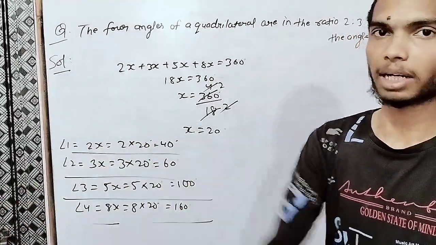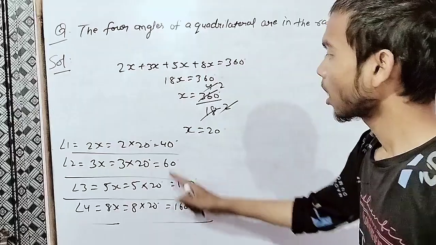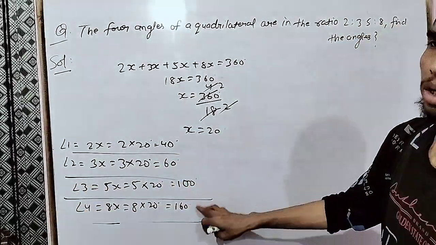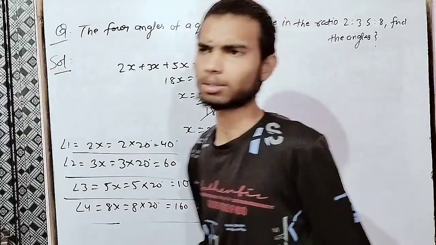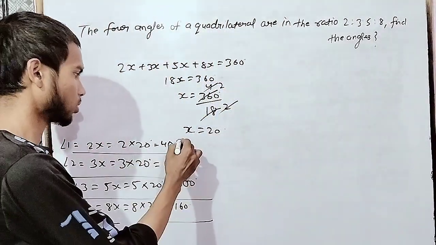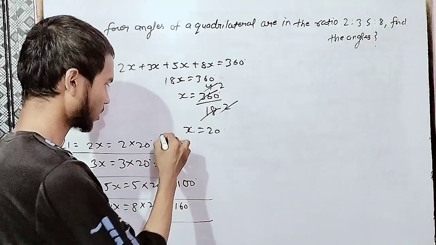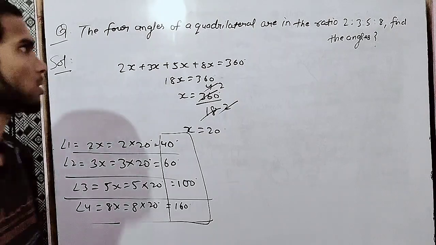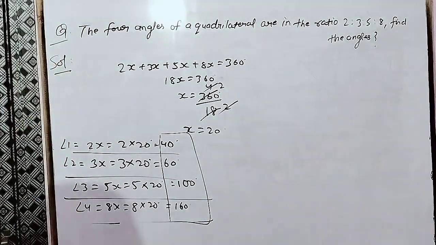If no, then our answer is incorrect. 60, 40, 100, and 100, 100, 200, and 360, 360. Yes, this is correct. So this is what the question was saying. Clear?